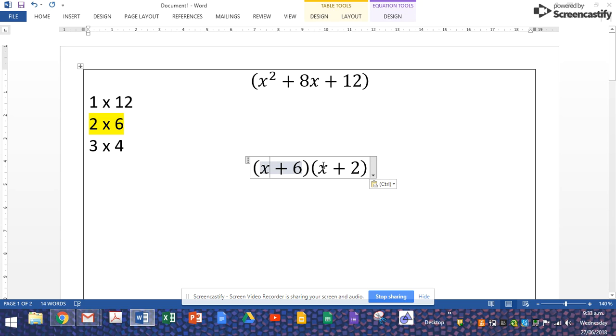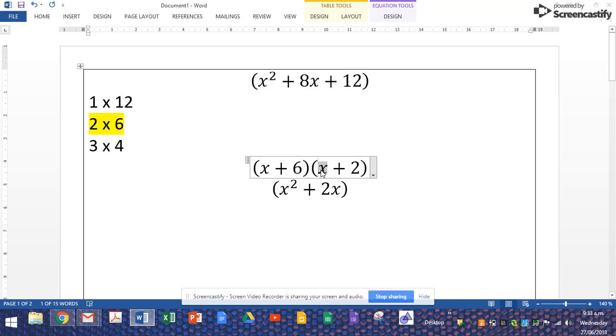So you can go x times x, which should effectively give you x squared. We'll copy the x squared from here. I'll do the expanding for you just to show the answer. So x squared, and then take this x and multiply with the 2, which will be a positive 2x.